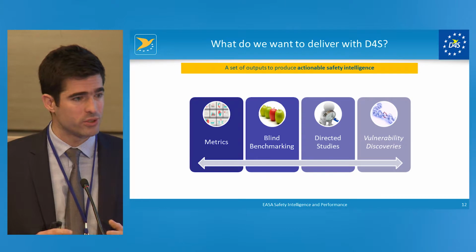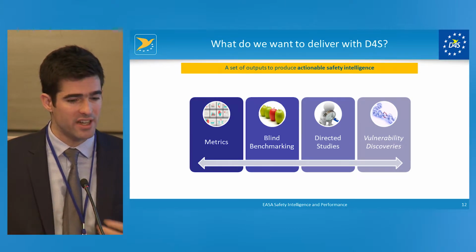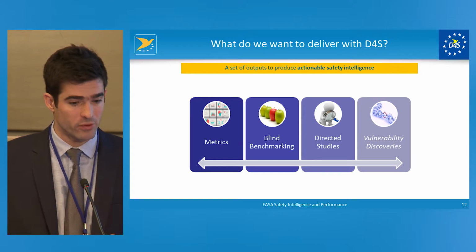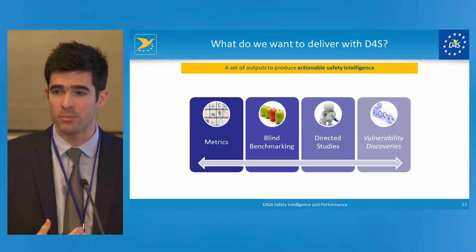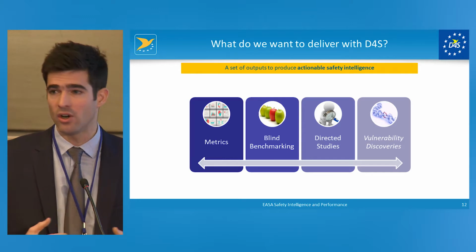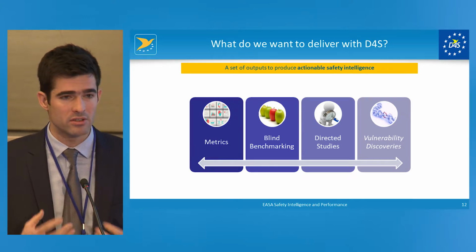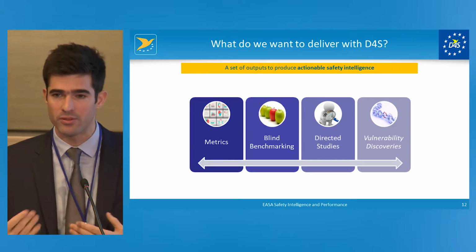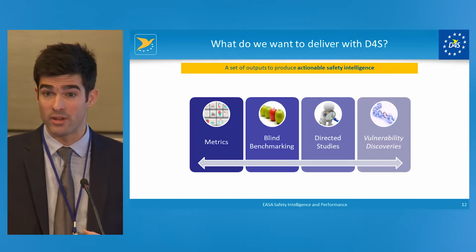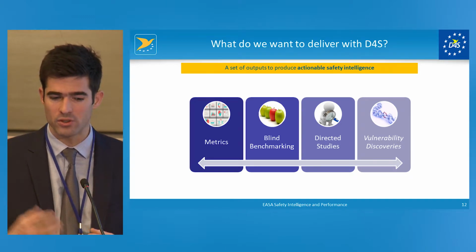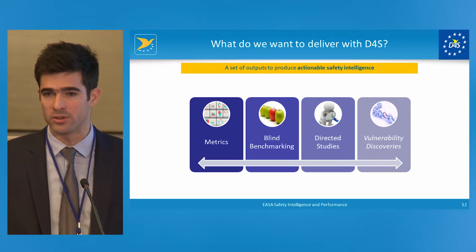In parallel of those metrics, we have the blind benchmarking. The idea is to provide each stakeholder part of the program the capability to compare his performance with the performance of peer organizations. This will be performed in a de-identified manner. So one operator will not be able to compare his performance to a given operator knowing who this operator is, but will be in a position to compare his performance to comparable operators.